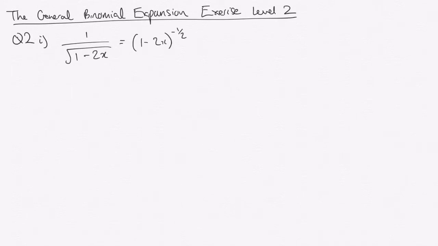Then using our general binomial expansion, this is 1 plus minus a half times minus 2x, plus minus a half times minus 3 over 2, all over 2 factorial, times minus 2x squared, plus the higher order terms. The question only asks for the first three terms, so we're going to stop here.